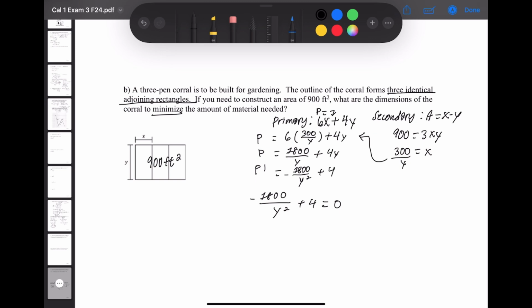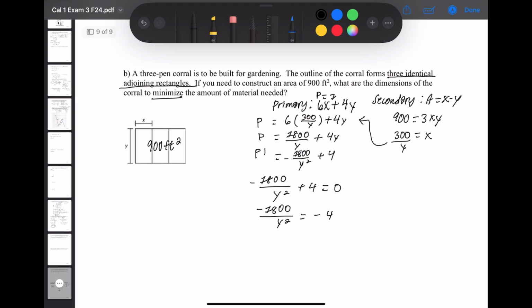So now we solve for y. So we can go ahead and isolate, or we can, sorry. So we're trying to isolate y squared, right?